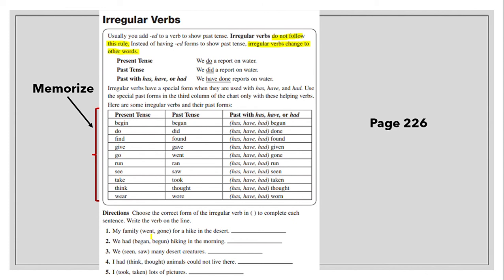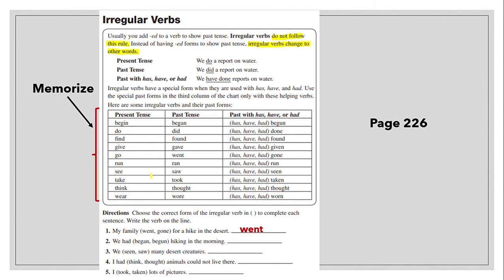My family went or gone for a hike in the desert. Now, is there has, have, or had in this sentence? No. Since there are no helping verbs, has, have, or had, what will I do? I will just choose the past tense of the verb go. My family went for a hike in the desert.